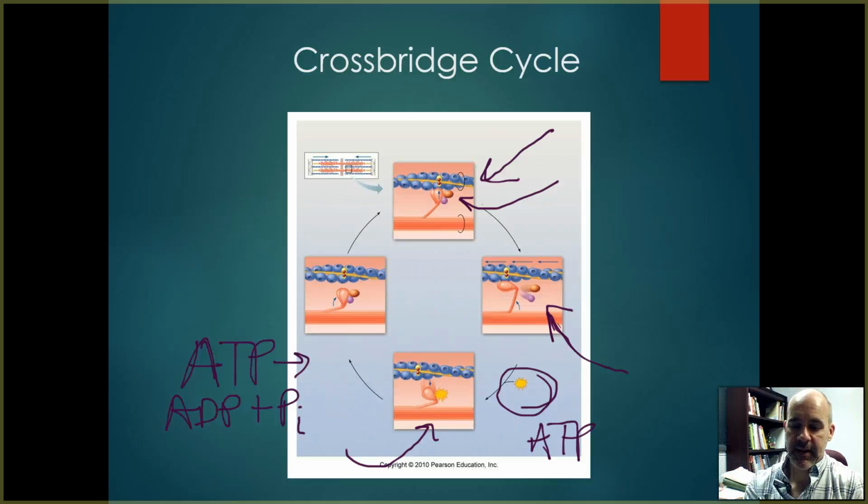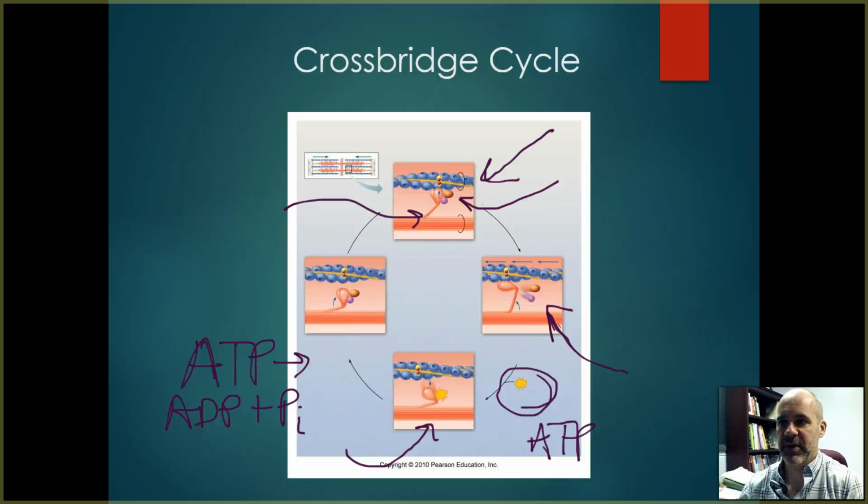Then the myosin head attaches to another actin, and the cycle continues. It's going to do its power stroke. It's going to come off, ATP is going to bind, it's going to come off, ATP gets broken apart into ADP and phosphate, it gets cocked, rebinds to another actin, boom, comes off, gets cocked, reattaches to another actin, and boom.